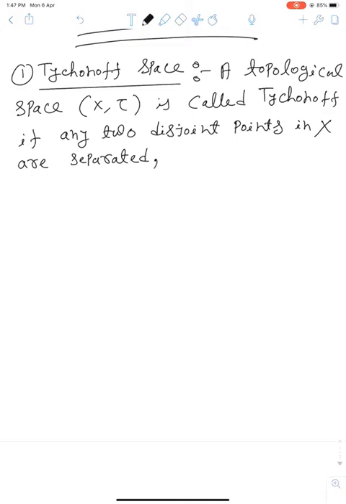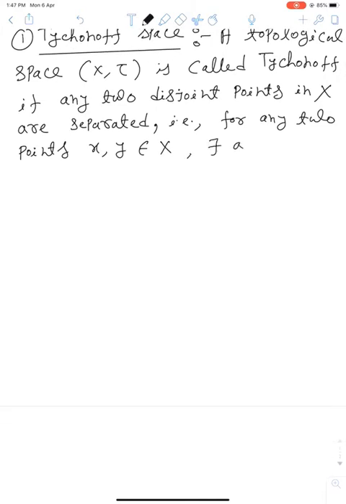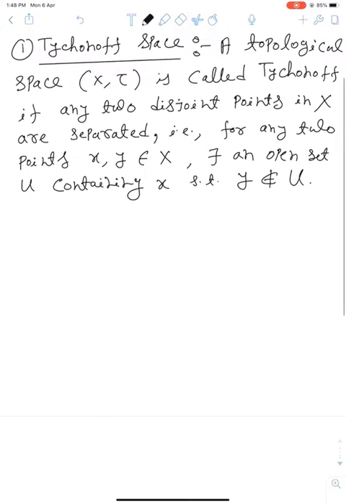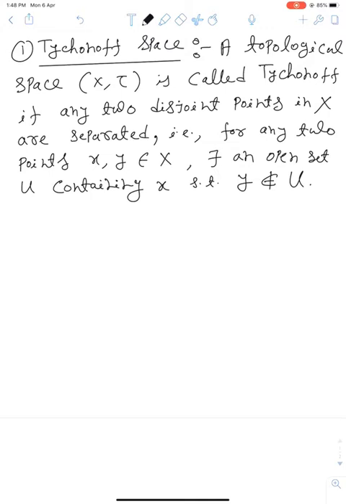That is, for any two arbitrary points, say x and y, there exists an open set U containing x such that y does not belong to U. And this topological space is also called the T1 space.